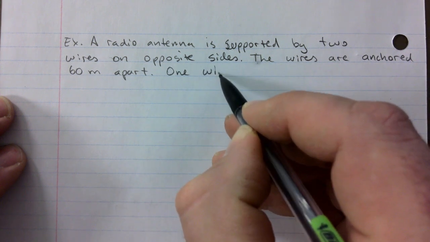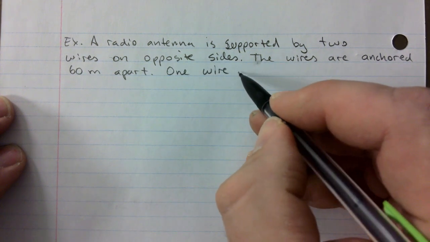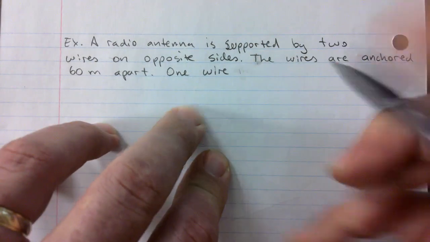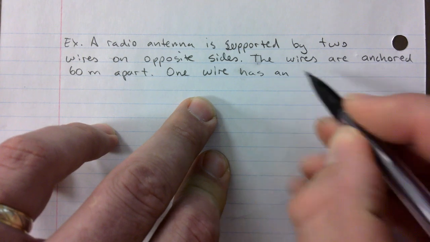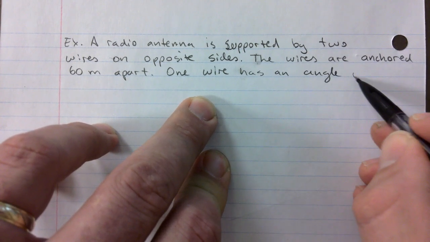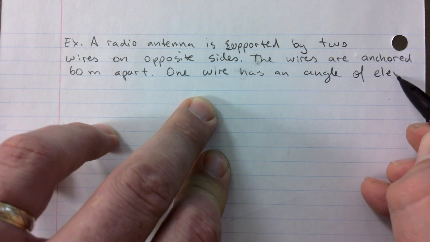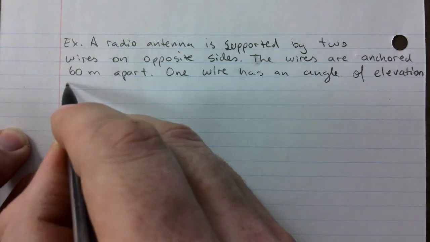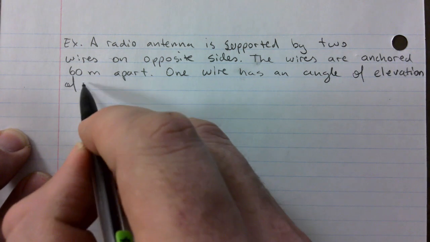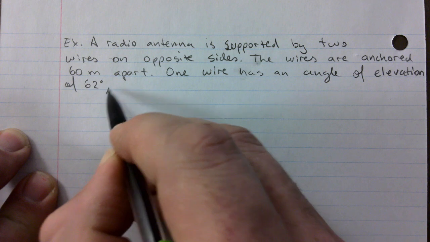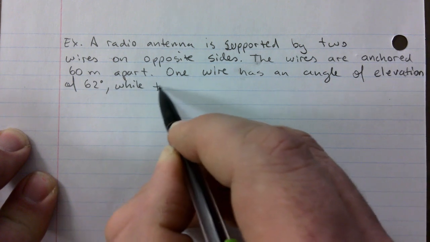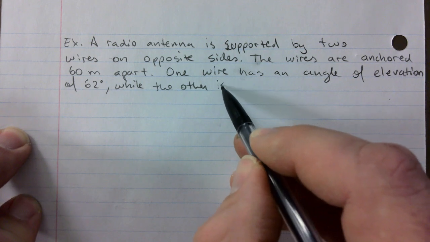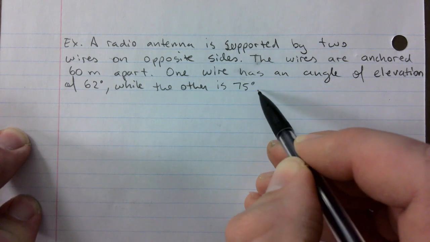One wire has an angle of elevation of 62 degrees, while the other is 75 degrees.